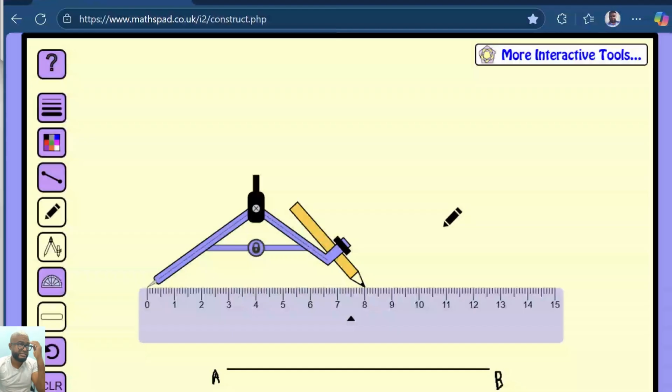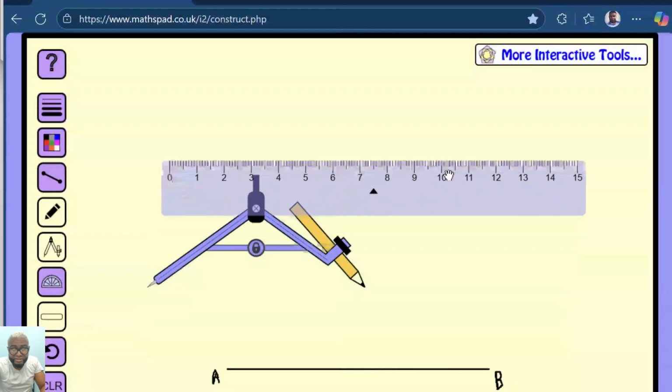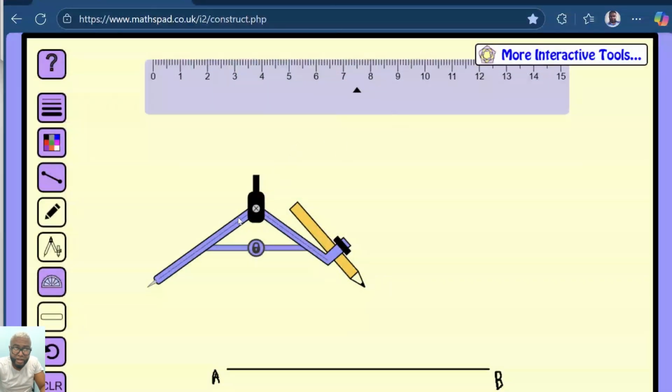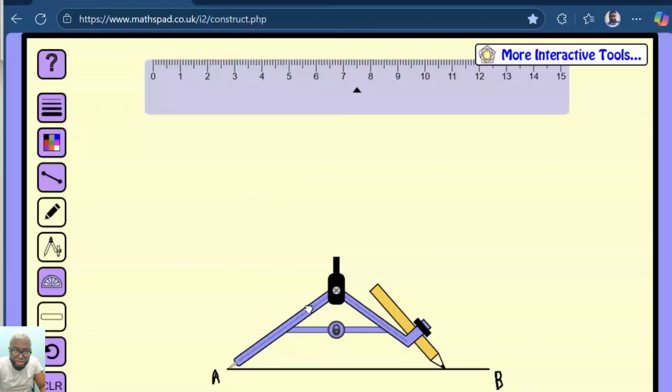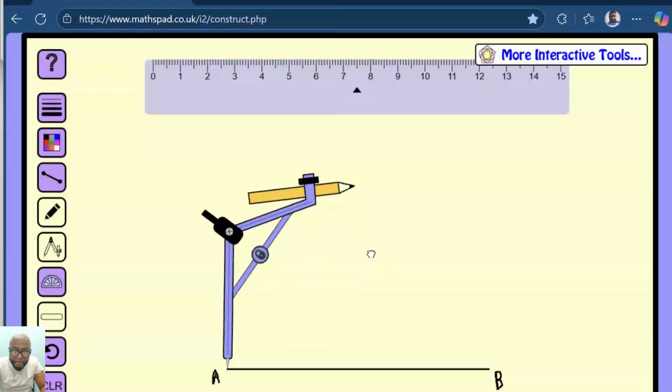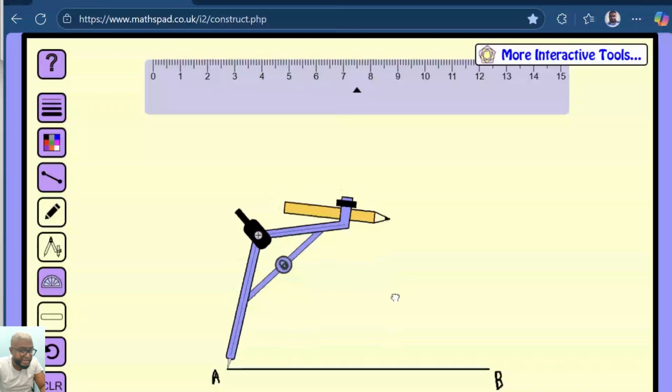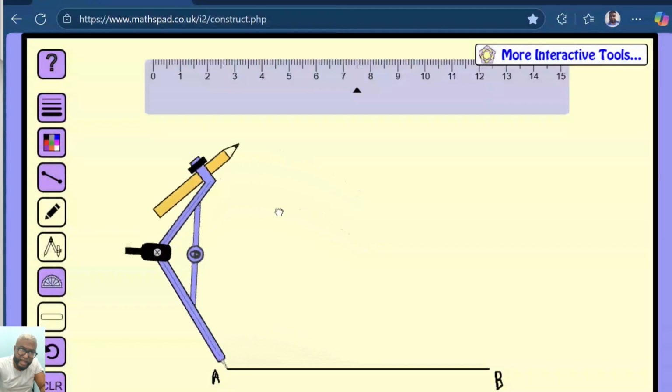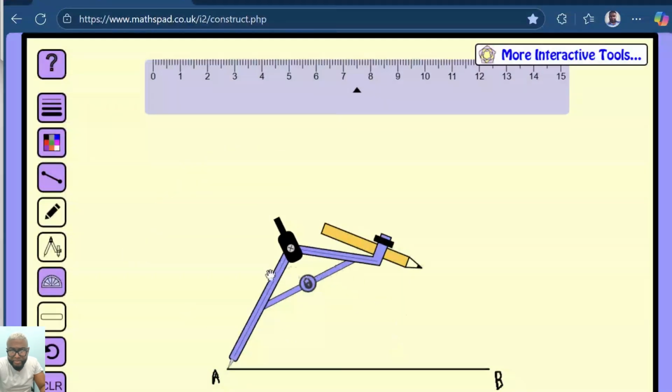Raise your hand if you did this. Put your sharp end where A is, and then go a little above and make a big arc up here.